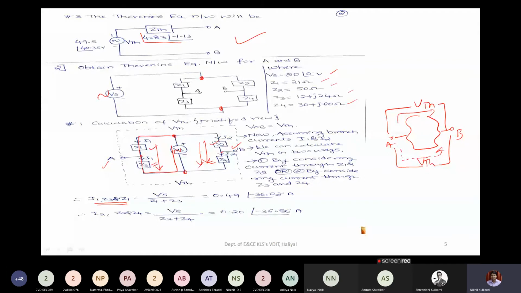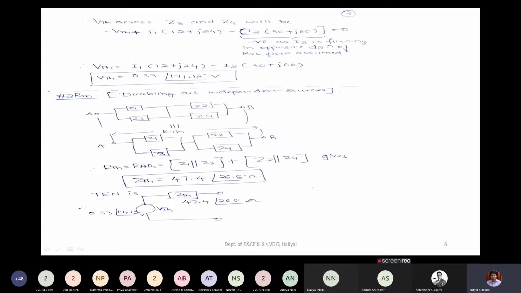That can be defined as the main voltage source divided by impedance, Vs divided by Z1 plus Z3. If you do that, you will get this. Similarly, if you calculate current through Z2 and Z4, then you will be getting this. Next, since we want the voltage VTH, I have considered VTH across Z3 and Z4 will be how much?